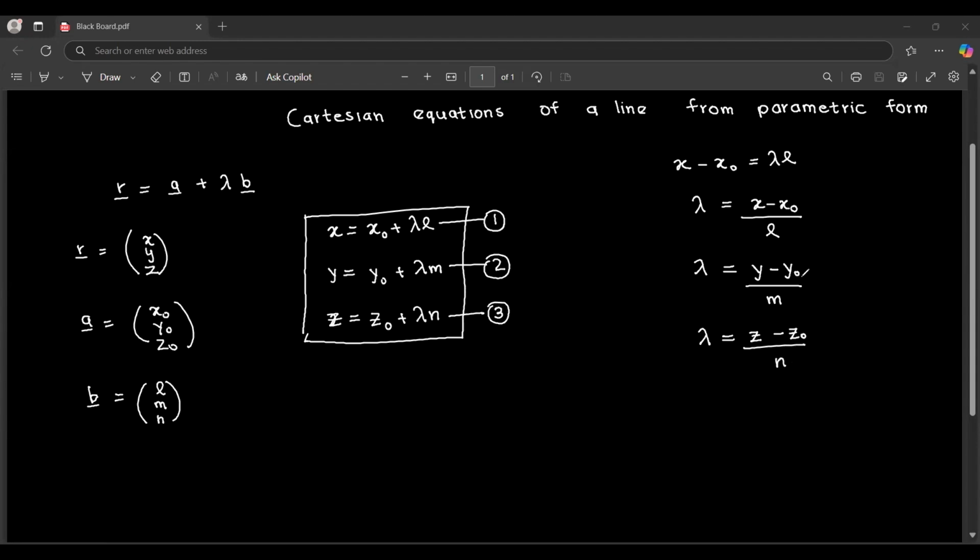See, in these three cases, lambda is a common value.